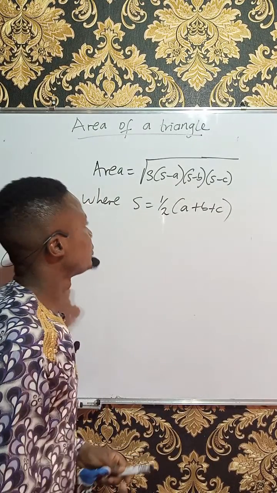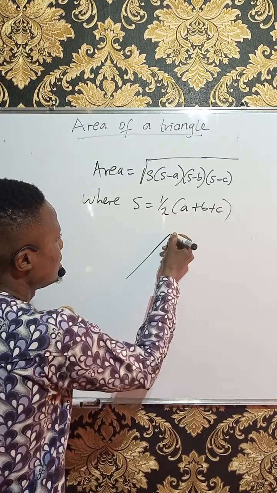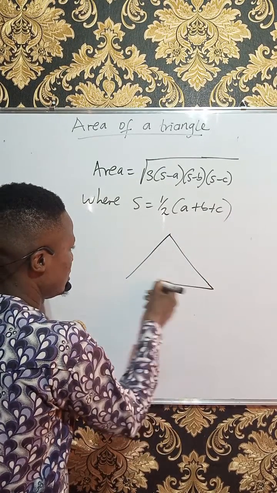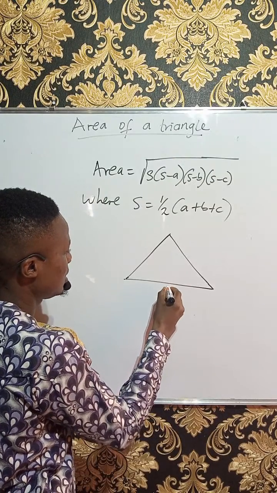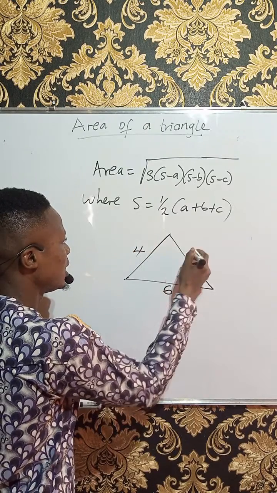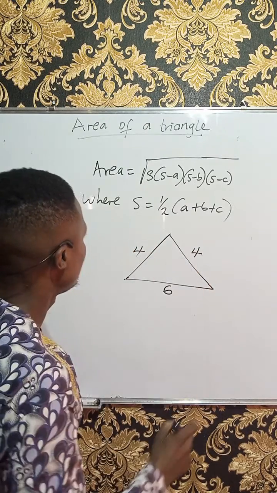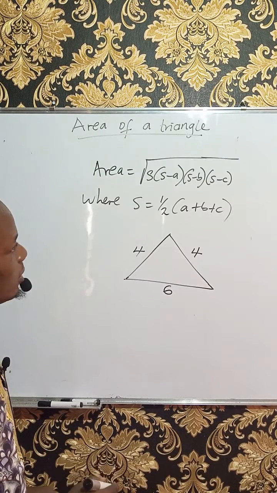Now, supposing you have a triangle here, and here is, let's say, 6. Here is 4, and here is 4. And you're asked to get the area of this triangle using this formula.